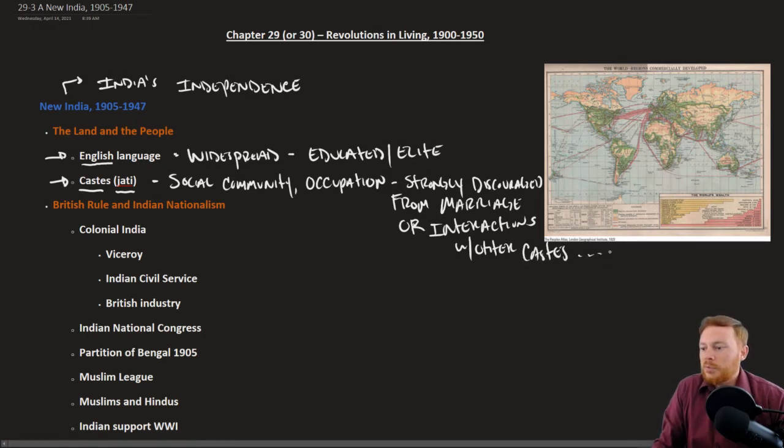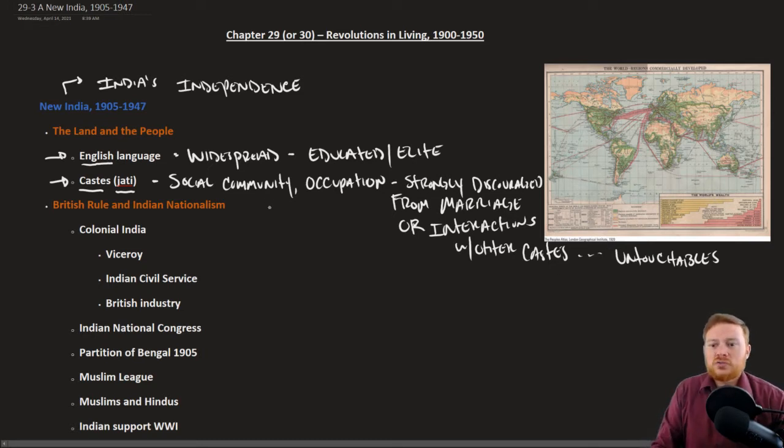We talked about in a previous chapter one of the lowest castes in Indian society, the untouchables, typically involved with professions that were not considered very desirable. Maybe it required handling garbage or waste, or handling human corpses, graveyards, stuff like that.